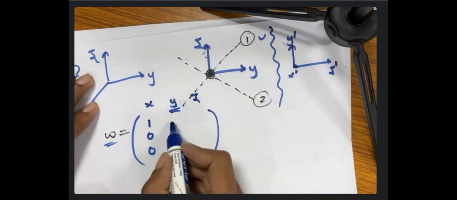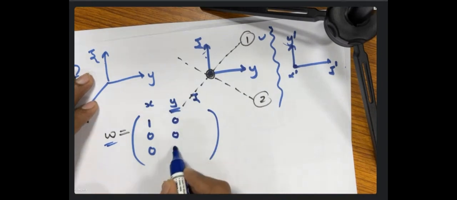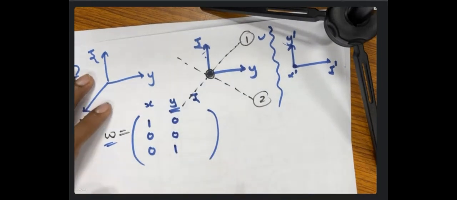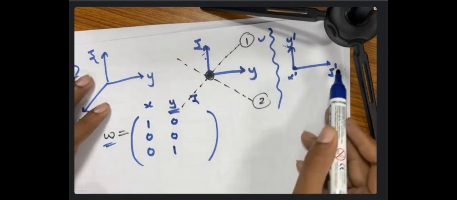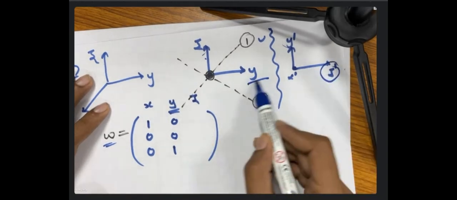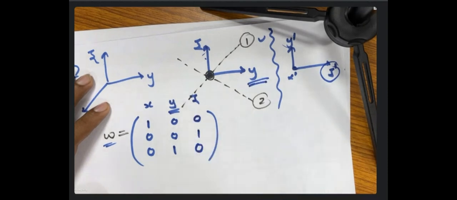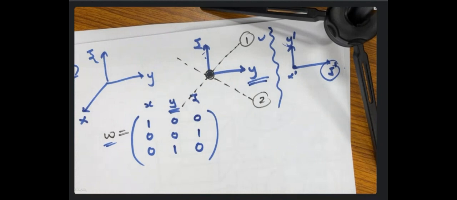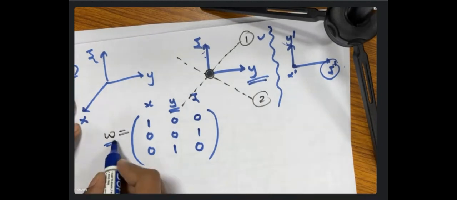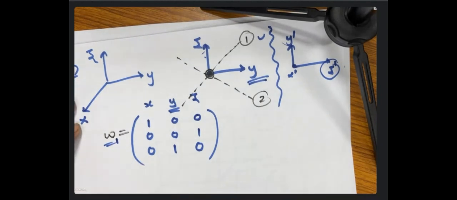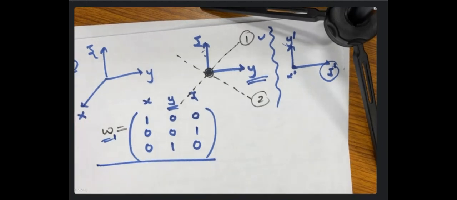So it will be 0, 0, 1. And z has transformed to the z dash, which is along the y axis. So it will be 0, 1, 0. And that's how the symmetry transformation matrix will look when we do the reflection for plane 1.